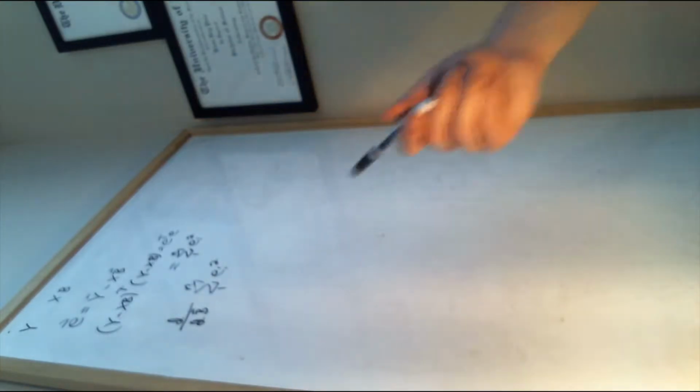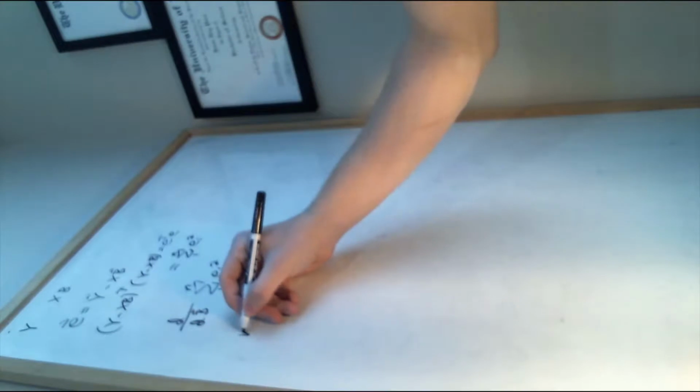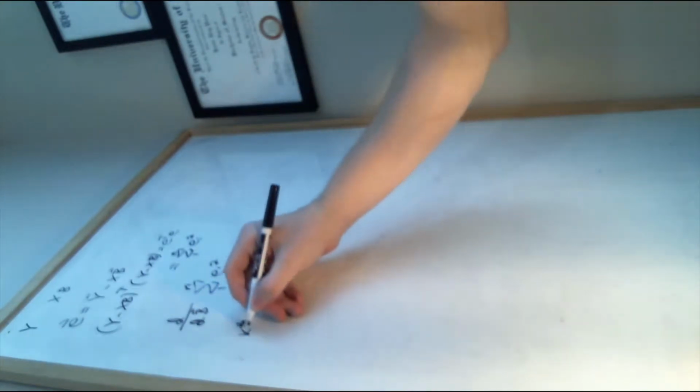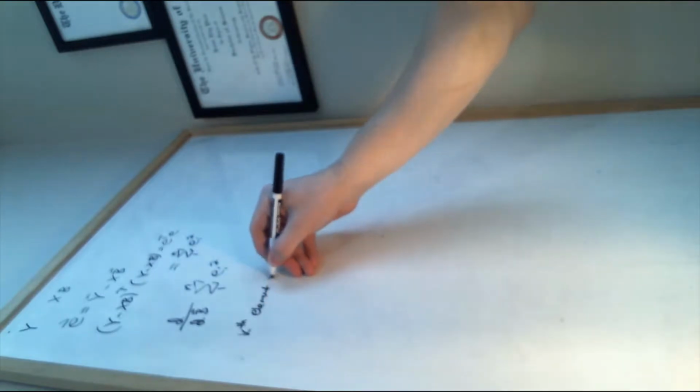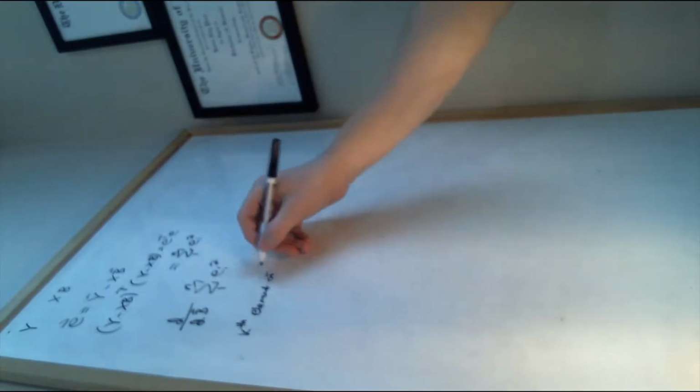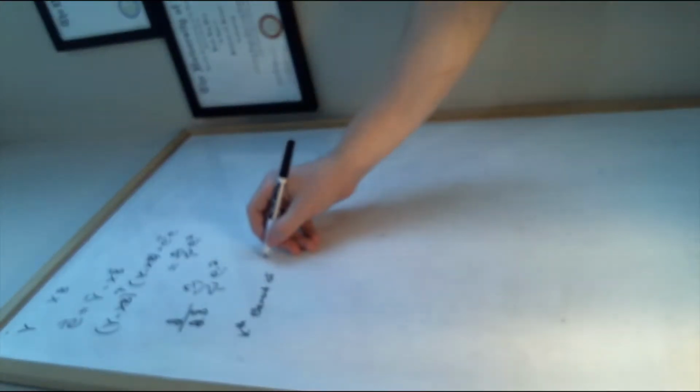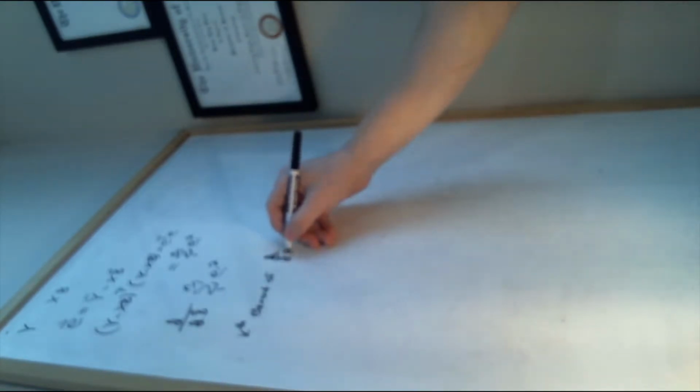So let's say every kth element of this derivative vector of d beta.